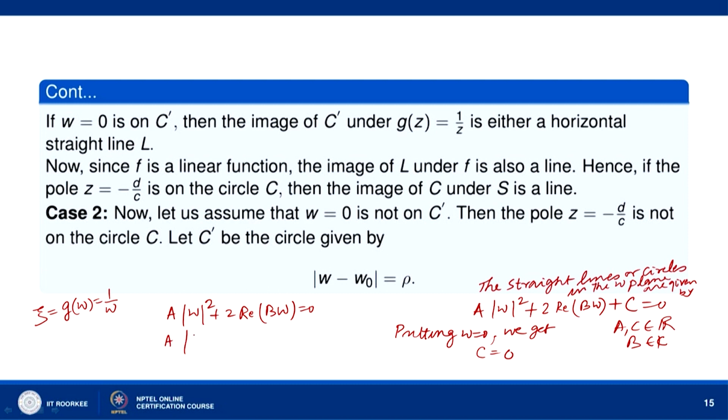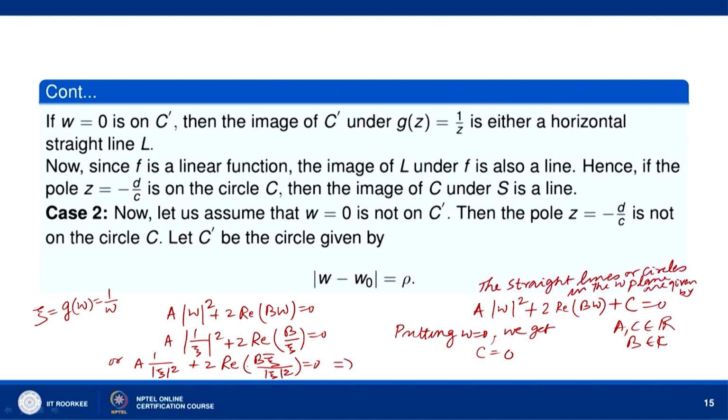So, A times 1 over mod of Xi square plus 2 times real part of B over Xi equal to 0, or we can say that this is A times 1 over mod of Xi square plus 2 times real part of B times Xi conjugate divided by Xi conjugate times Xi, which is mod of Xi square, equal to 0.